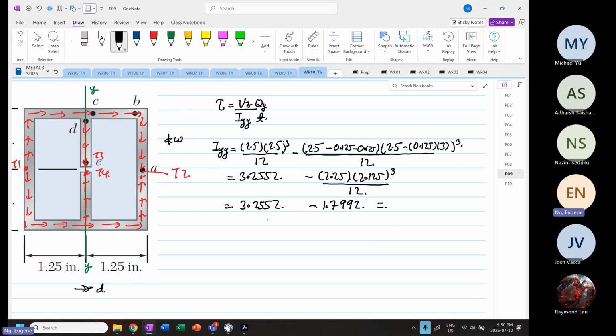So 3.2552 minus 1.7992 is equal to 1.456 inches to the fourth. Let me do it again. What am I doing?